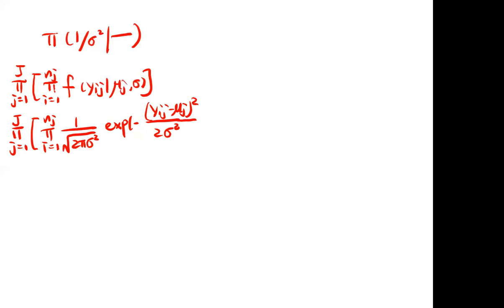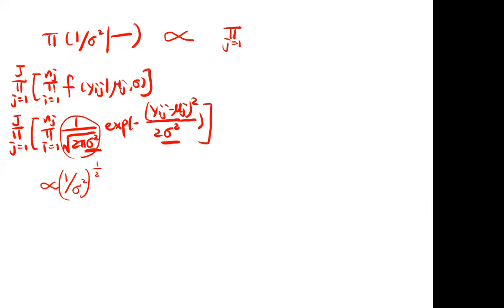Okay? So what I mean is, sigma is here, sigma is here, and you have to keep all of the product. So the contribution from the likelihood, let's work it one by one. First of all, this is going to be proportional to 1 over sigma squared to the power of 1/2, right? Maybe it's easier to keep the product for now and expand it later, so you're counting the right number of them.